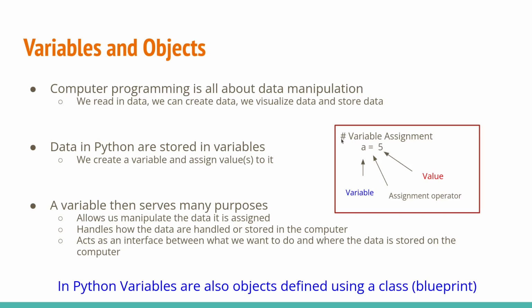Also notice here that I'm using this hash, # variable assignment. Hash is used to write comments in Python. So whenever the Python interpreter sees this hash, it knows that this is a comment line and it skips it because there are no calculations to be made on this comment line.